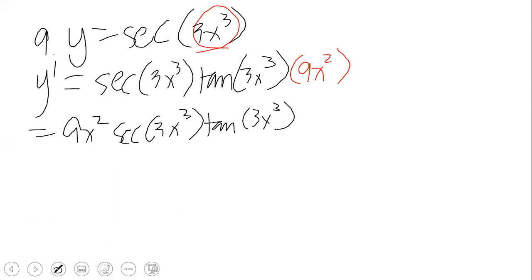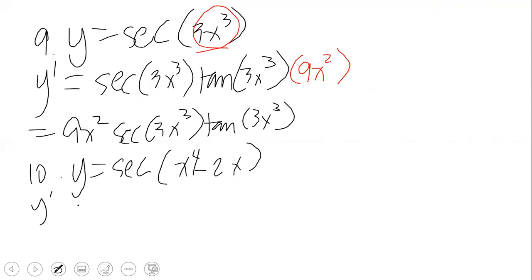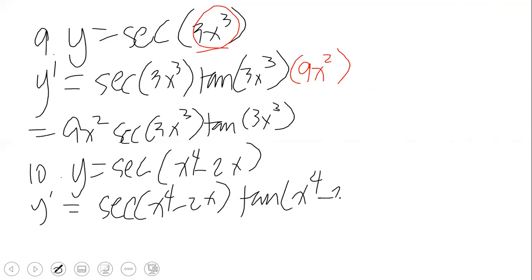And last item, you also have number 10, y equal to secant x to the fourth minus 2x. So y prime, that will be, the derivative of secant is secant x tangent x, no? So secant angle x to the fourth minus 2x tangent angle, and the derivative of your angle, ayan.